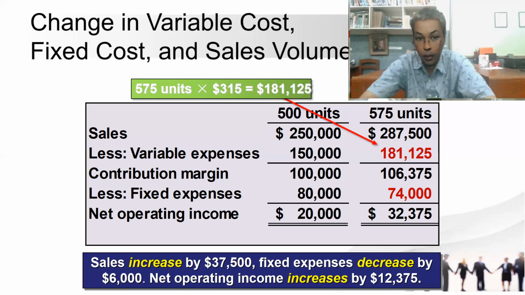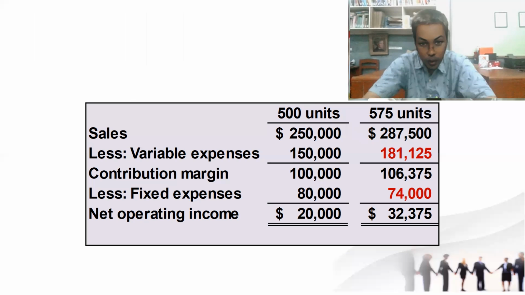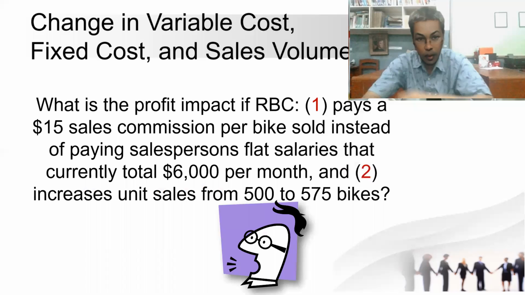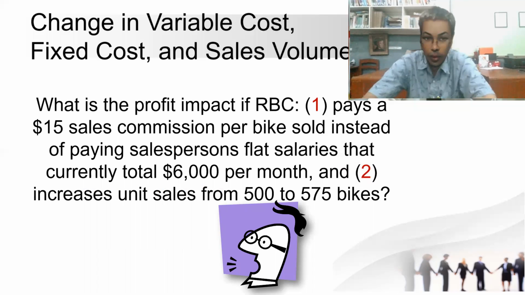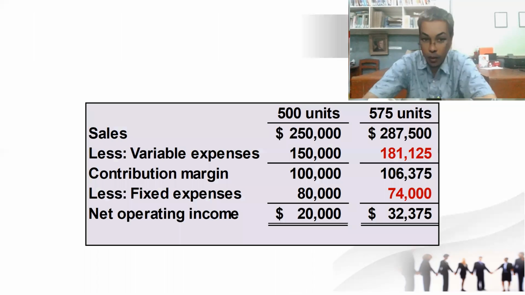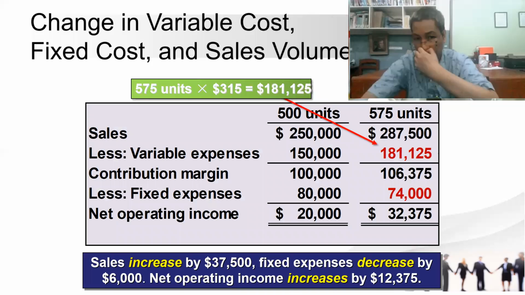How much is the commission that we have to pay? 15. Right, that is correct. Paying $15 per bike. So 15 times what? Times 575.